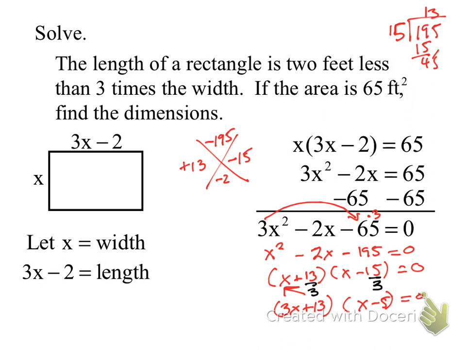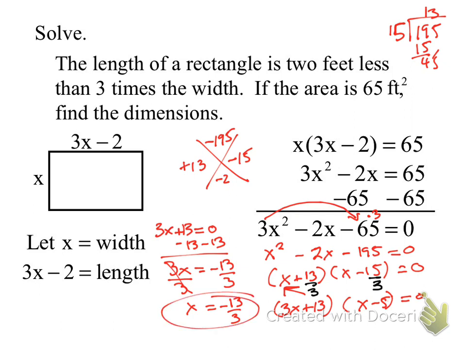So for 3x plus 13 equals 0, subtract 13. 3x equals negative 13. Divide by 3. X equals negative 13 over 3. That's one answer. The other one, x equals what? Positive 5.